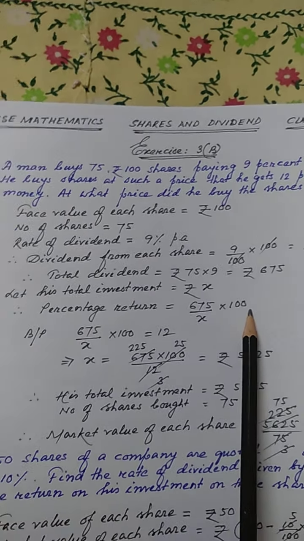And then percentage return from the second firm, that is, 6 rupees will be what percent of 132 rupees. 6 out of 132 into 100, it's coming 50 by 11, that is equal to 4.546, and rounding it up, it's coming 4.55%. Now as we are finding here, since percentage return is more from the second company, we can say that the second company is giving better return.